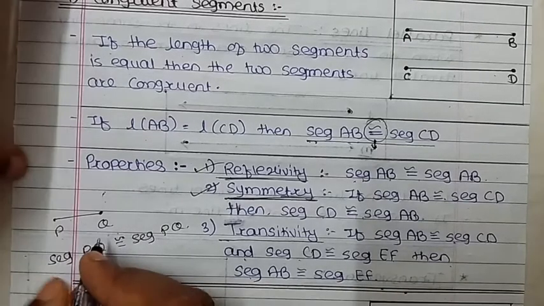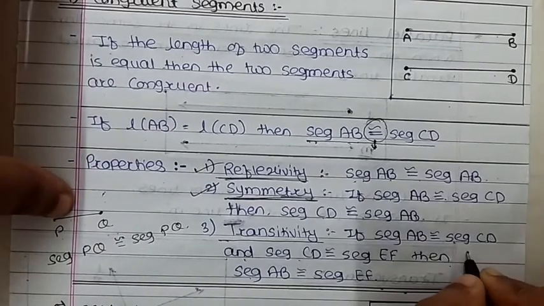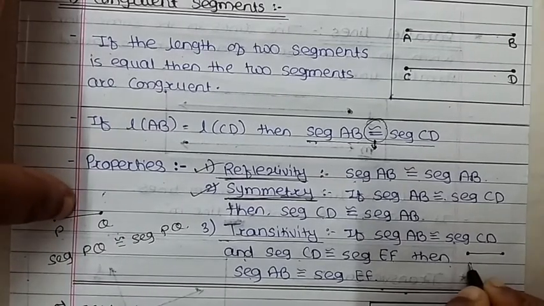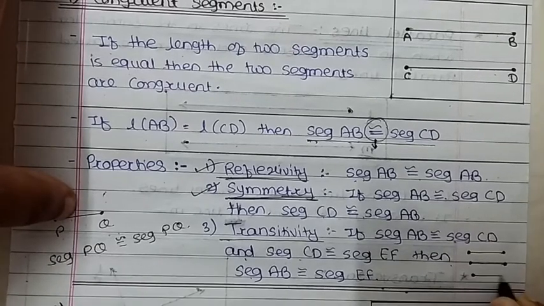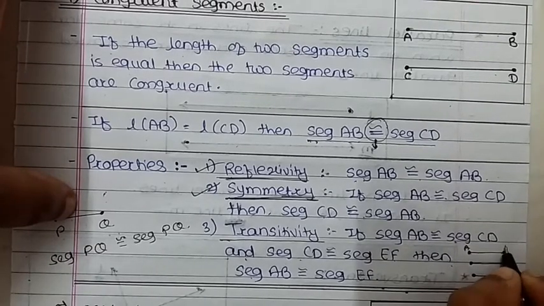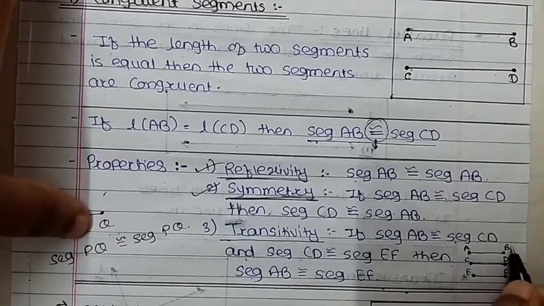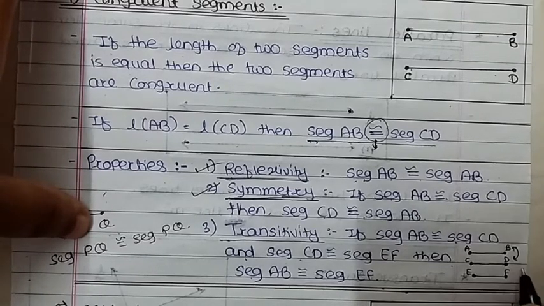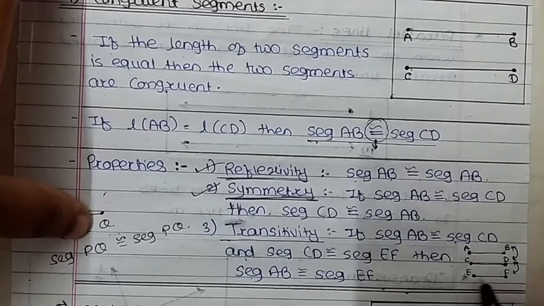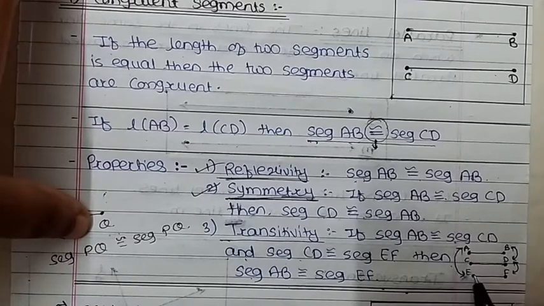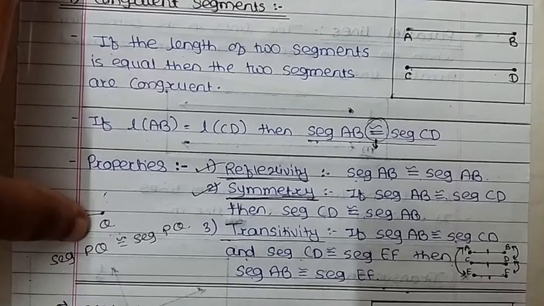Suppose we draw three line segments, 1, 2 and 3: this one is AB, this CD, and this one EF. Segment AB is equal to segment CD, and segment CD is equal to segment EF. Then segment AB is equal to segment EF. If the first is equal to the second, and the second is equal to the third, then the first is always equal to the third line segment.